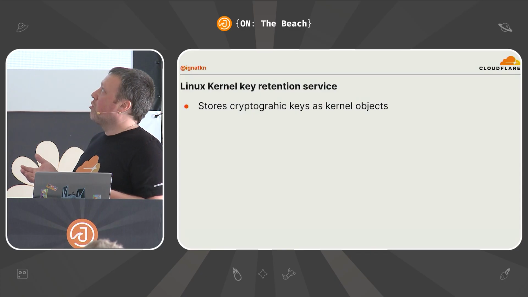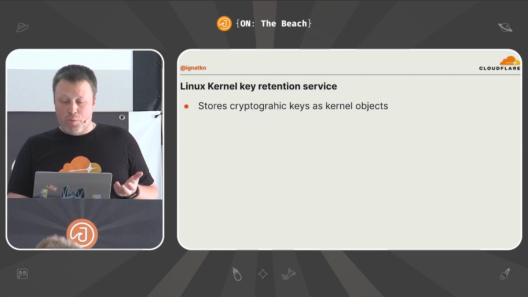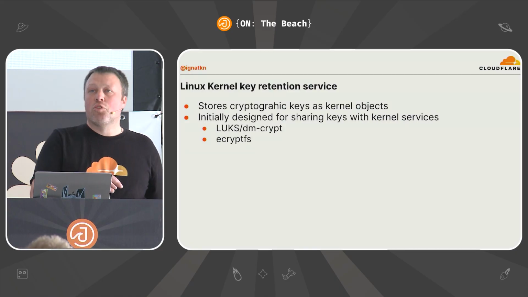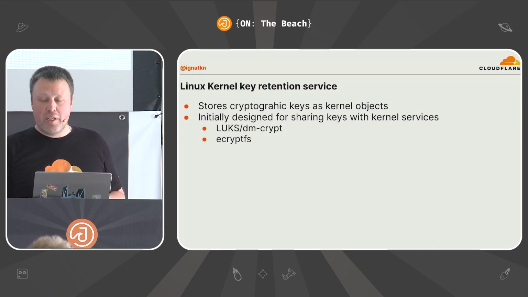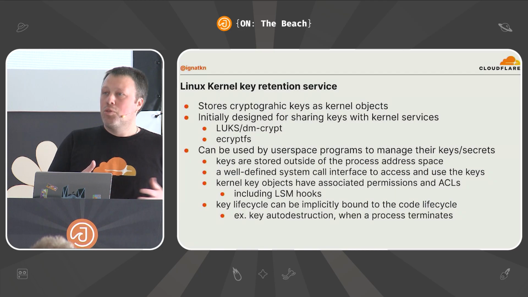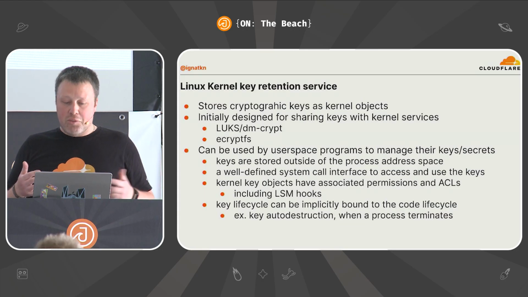The Linux kernel key retention service can store cryptographic keys as kernel objects. It was initially designed to share keys with in-kernel systems, like full disk encryption or eCryptfs, but then it was extended for user space applications to manage their keys or secrets.